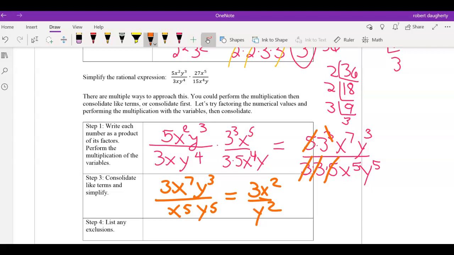Now, any exclusions? So when we talk about exclusions to rational expressions, you want to look at your original, and you want to say, when would the denominator equal 0?